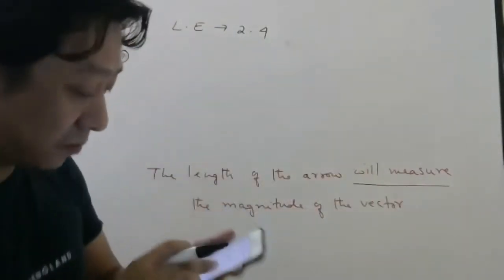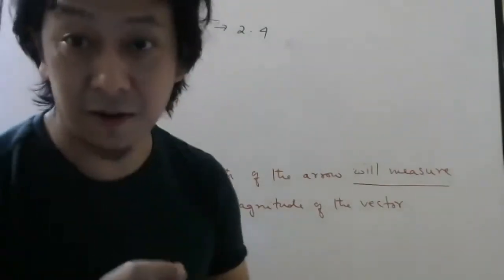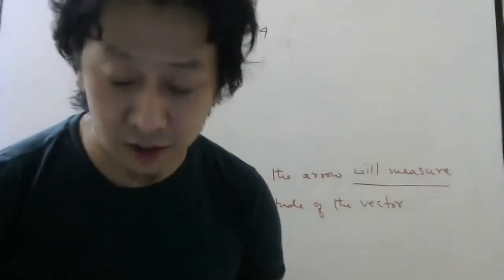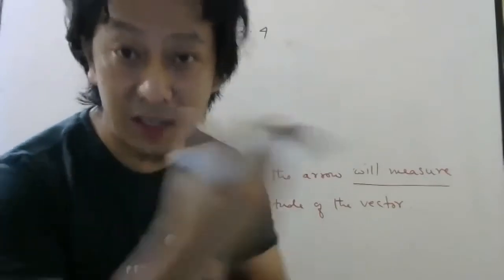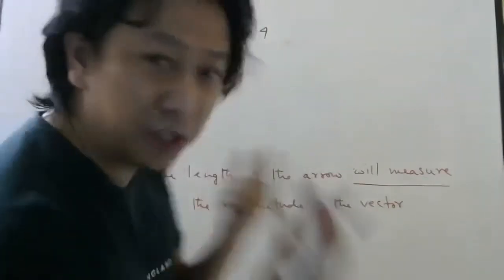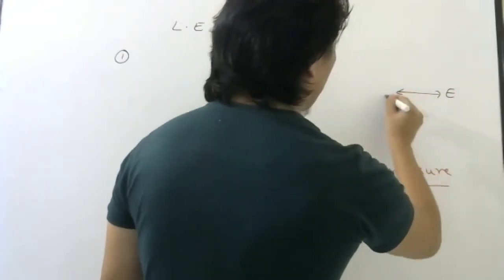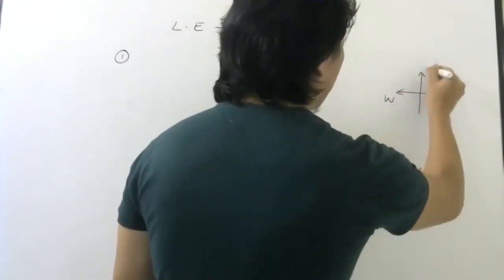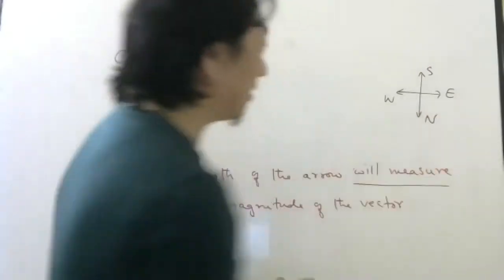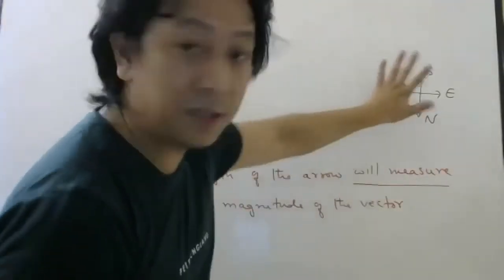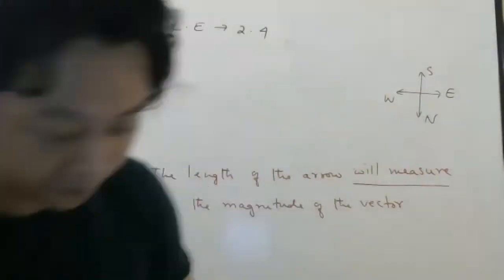Since they say the first car is moving towards east and the second towards north, we first need to decide where east and north are. Usually we write east, west, north, south like this. So this is the direction we will choose. Keep this in mind and then we will draw the diagram.